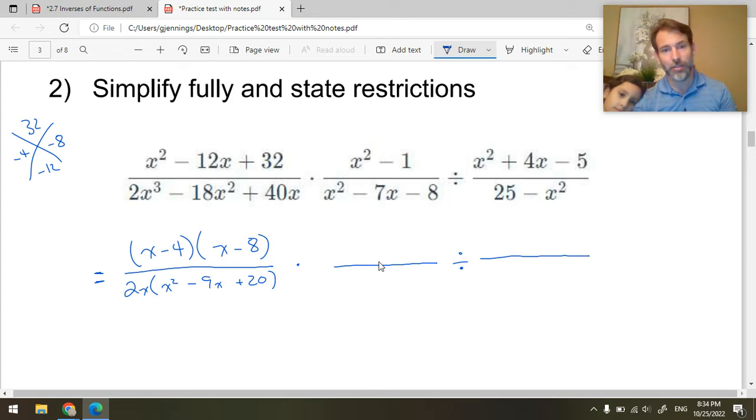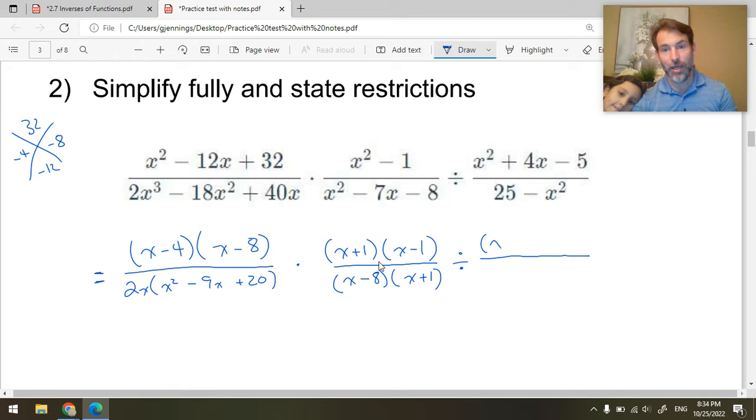X squared minus 1 is the difference of squares. So that factors as x plus 1 times x minus 1. Okay, x squared minus 7x minus 8. Well, that is x minus 8 times x plus 1. You can x game these yourself if you want to or need to. And this one here, x squared plus 4x minus 5.